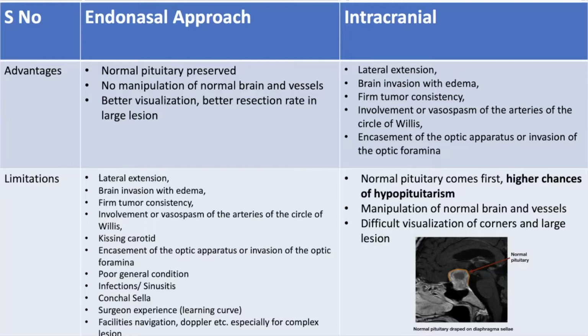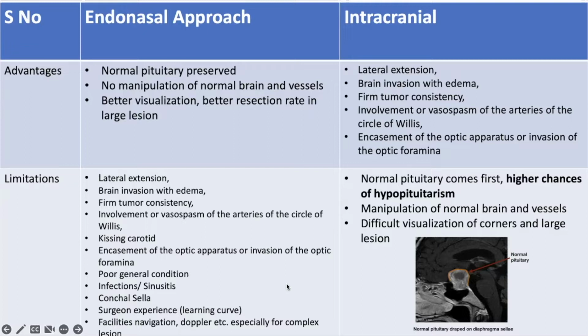Conchal type of sella is a relative contraindication, and if the surgeon is not confident in the endonasal approach, or when the facilities for navigation, Doppler, etc., are not present, especially when there is a complex lesion, resurgery, or difficult lesion. In those cases, these facilities are required.